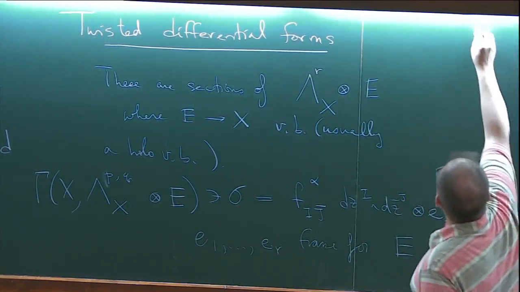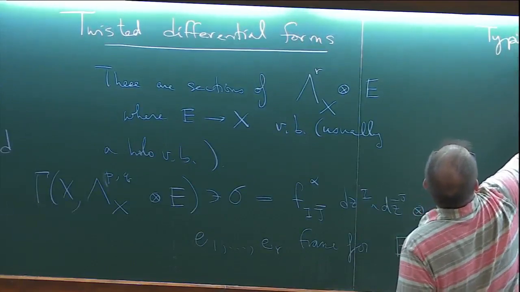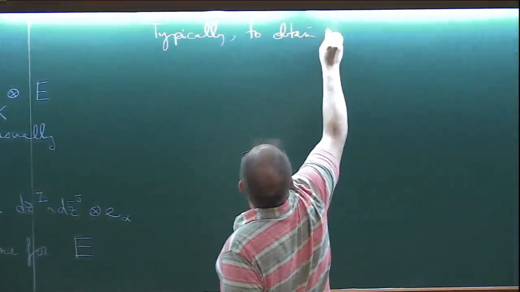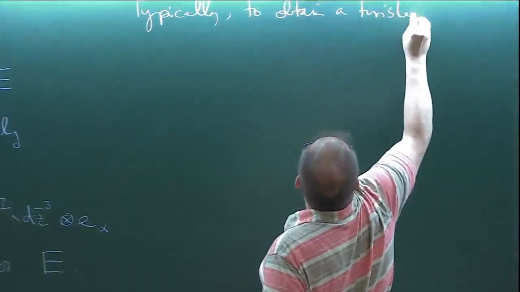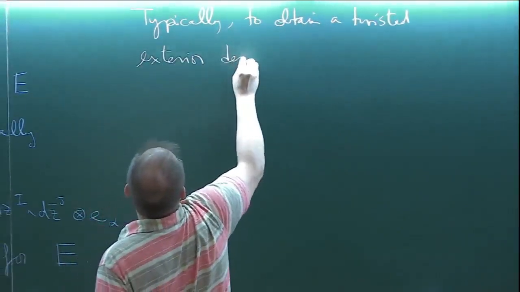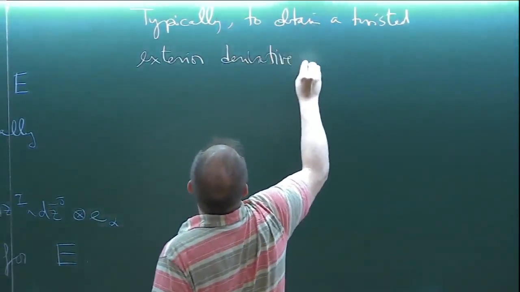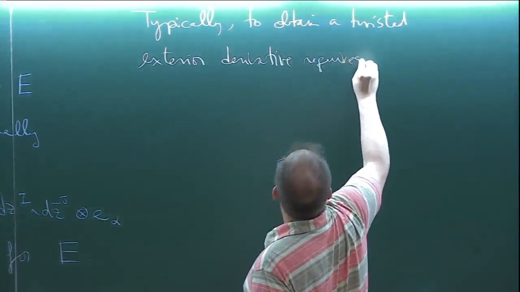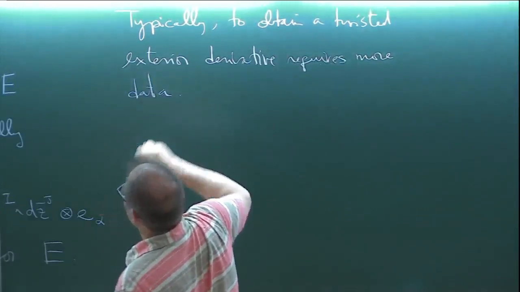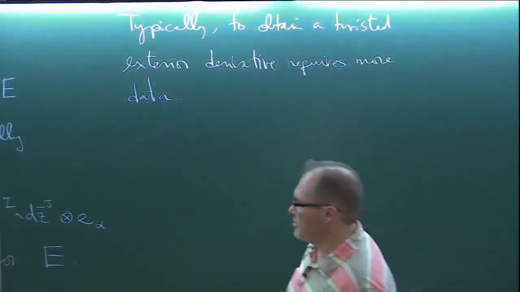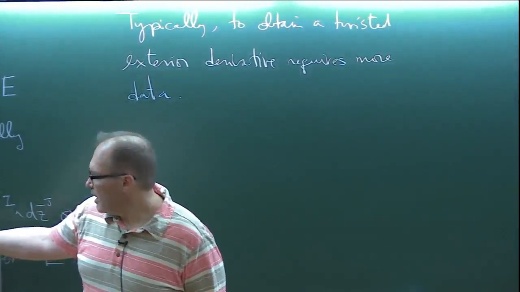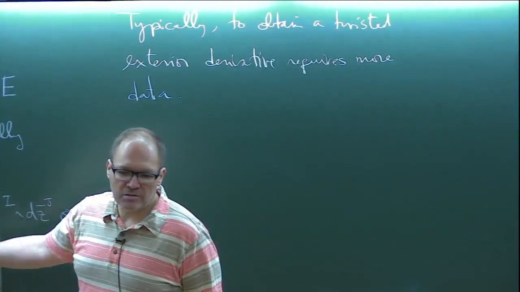So typically, to obtain a twisted exterior derivative requires more data. I mean, you could just imagine applying this round d operator to these functions.